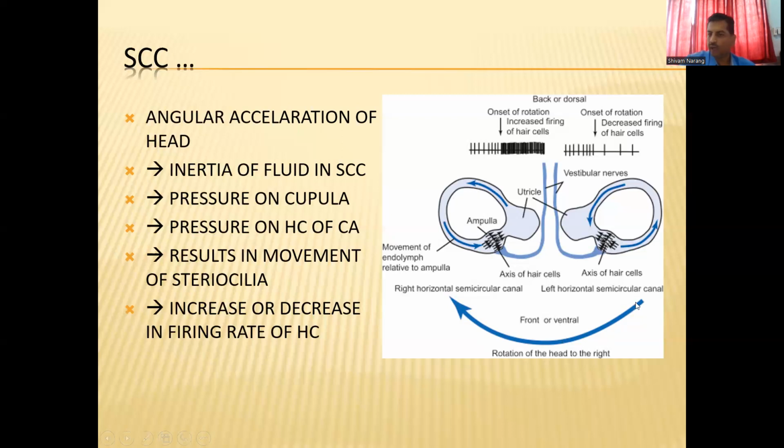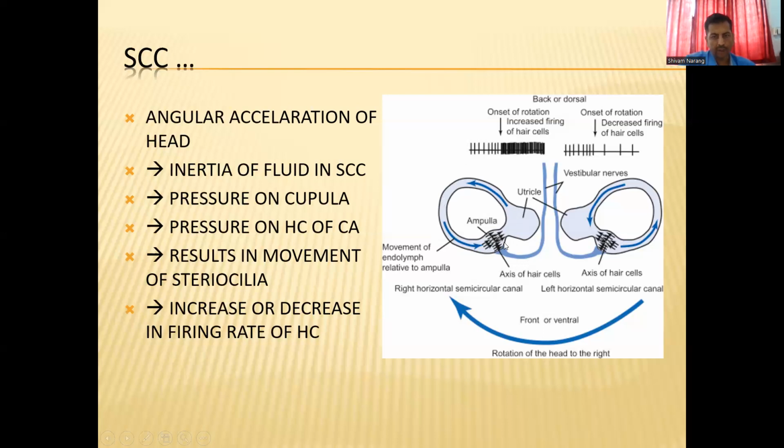If we turn our head towards the right side, the endolymph filled in the semicircular canal, because of its inertia, will move in the opposite direction to the head movement. The head is moving towards the right, but the fluid will move towards the left because of the inertia of this fluid.